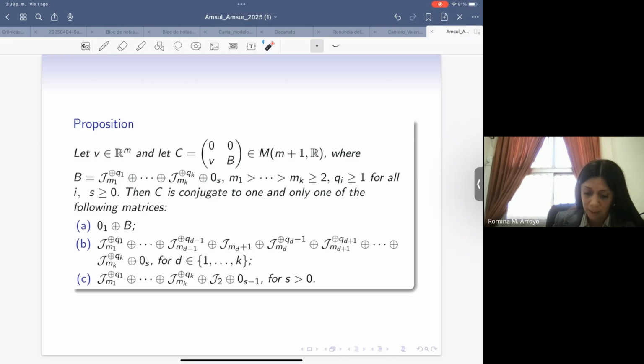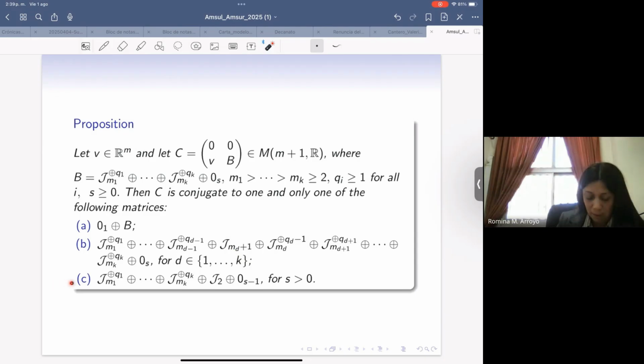So the second one, basically, the Jordan normal form of C is almost the same as the Jordan normal form of B, but look at here. One of the Jordan blocks of this J_{m_d} disappears because here we have minus 1, but there appears this Jordan block which has size 1 more than J_{m_d}.